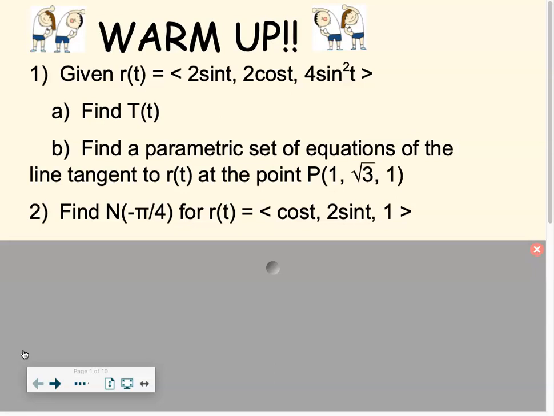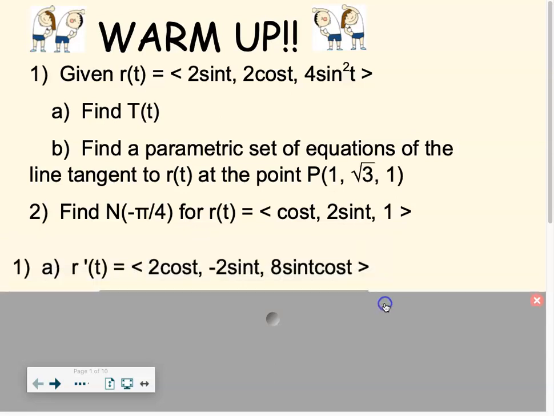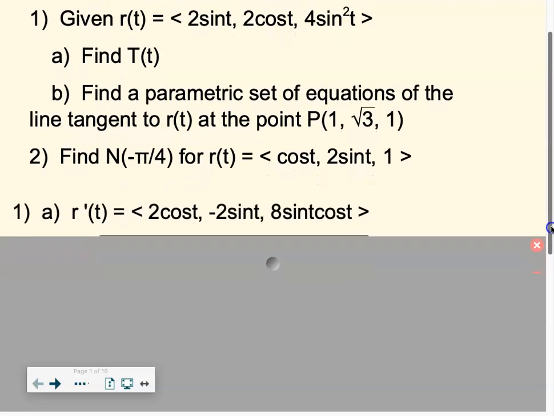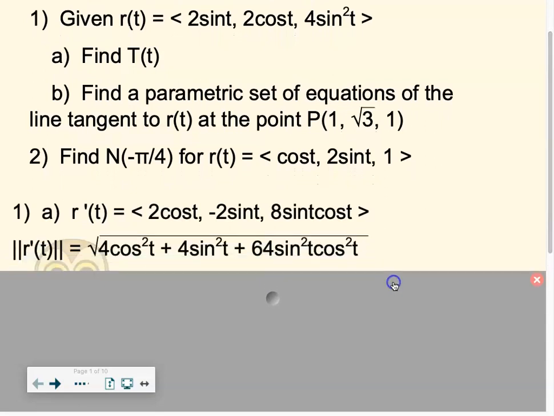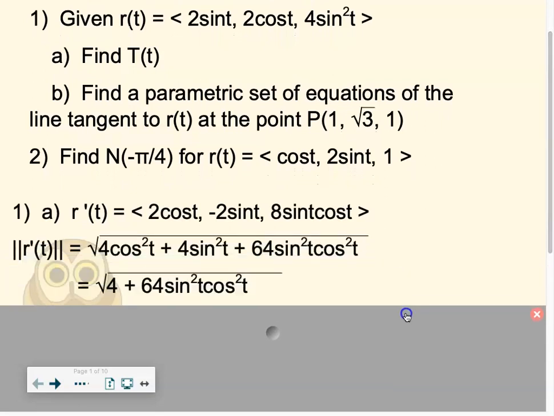So for the first one, we have r of t is 2 sine, 2 cosine, 4 sine squared. Find T of t. T of t, of course, is r prime over the magnitude of r prime, right? So there's your r prime, and there's the magnitude of r prime.